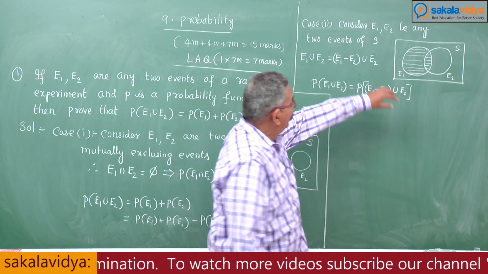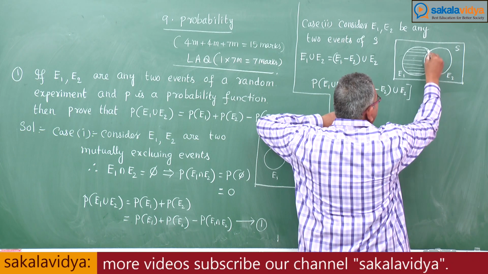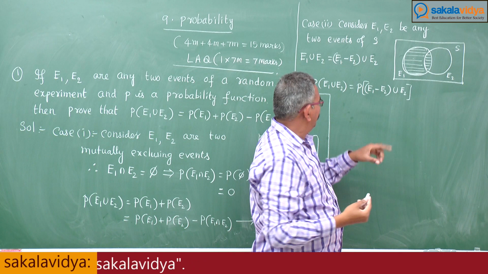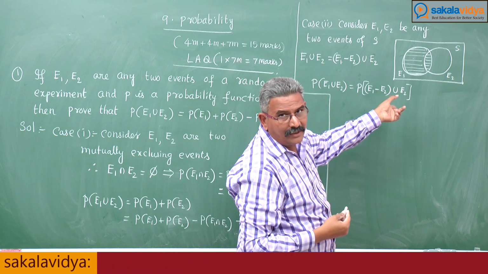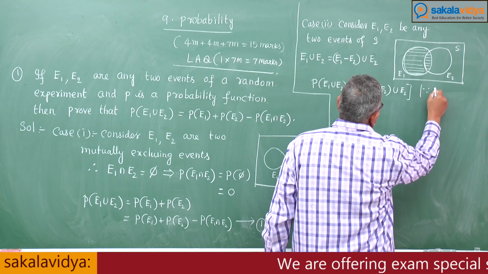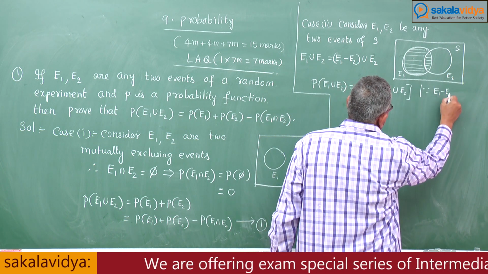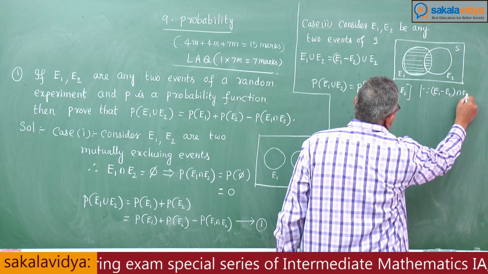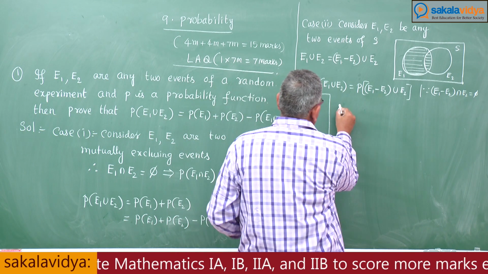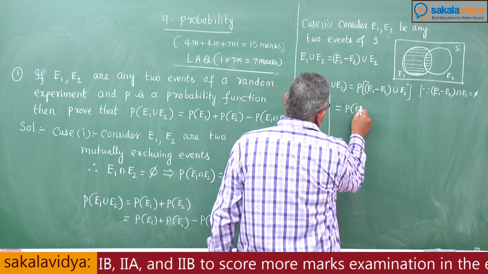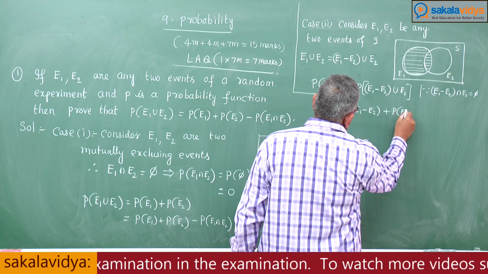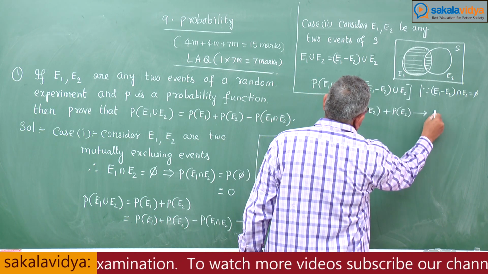Very interesting. This part and the E2 part have no common element, that means these two are mutually exclusive. Since E1 minus E2 intersection E2 is equal to phi, you can apply the probability axiom. So, we can write P of E1 minus E2 plus P of E2. Say this is equation 1.